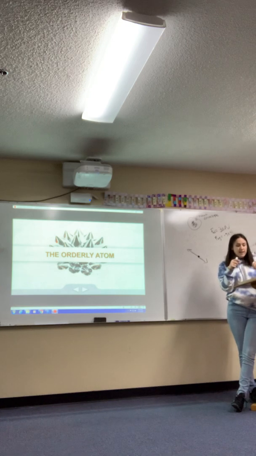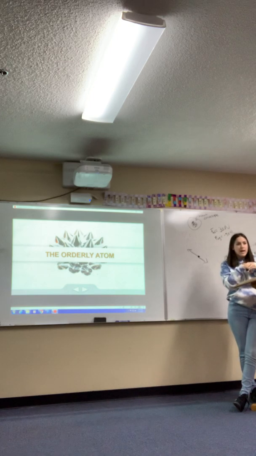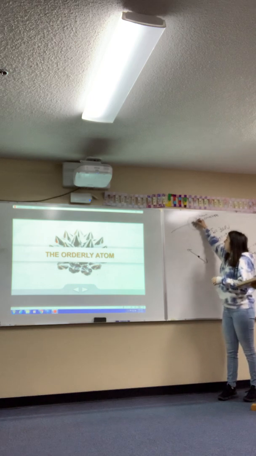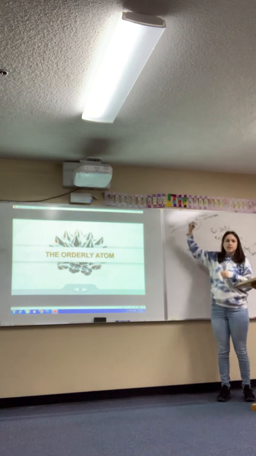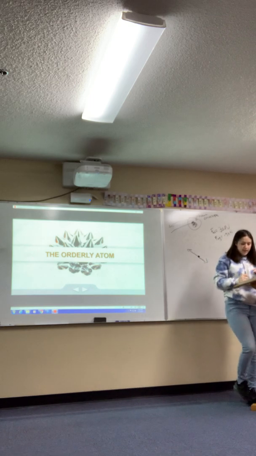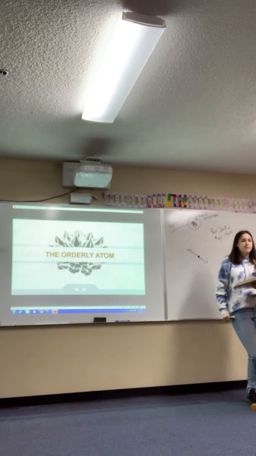So he said that there must be a lot of empty space in the atoms that allows other particles to slide through the atoms. Because if the atoms were big and had this bulky nucleus, then what would happen would be if the particle came, it would bounce off of the nucleus. But that's not always what happened. Sometimes it went straight through the other atoms. So they said that it must have been a lot of empty space and the nucleus must have been small.